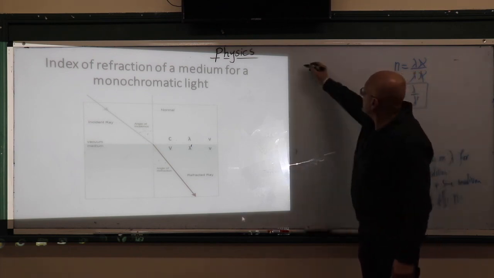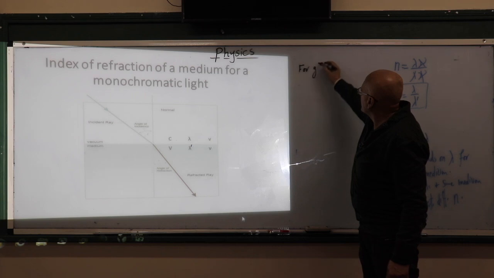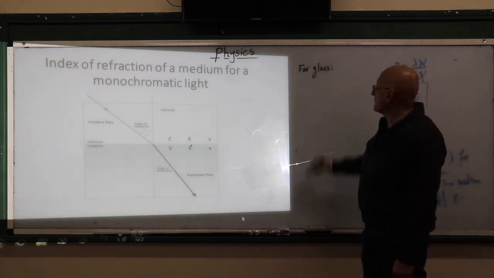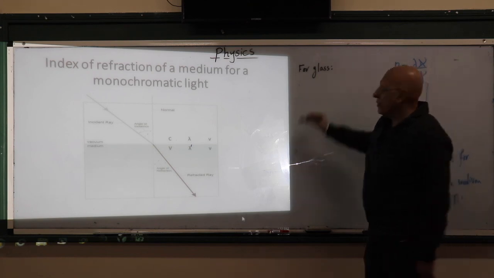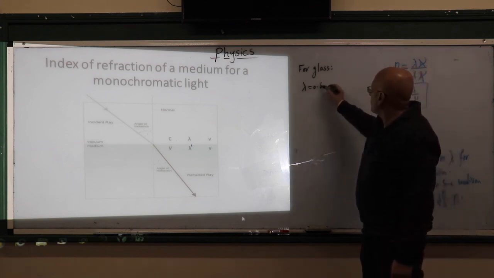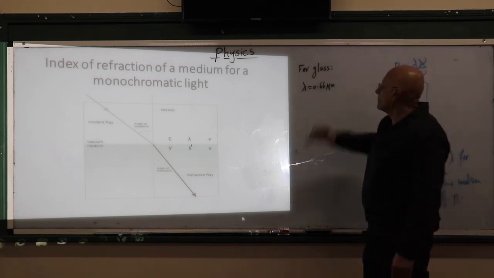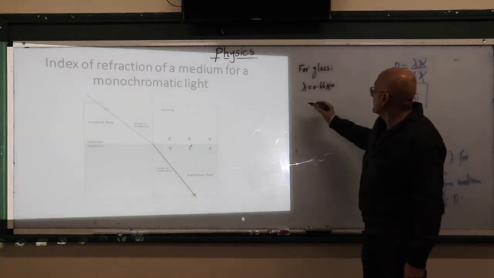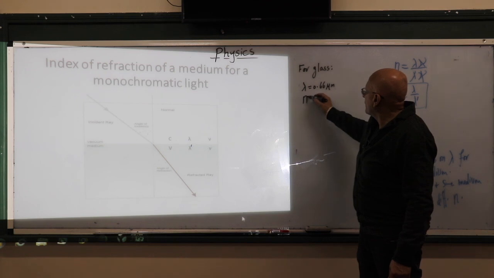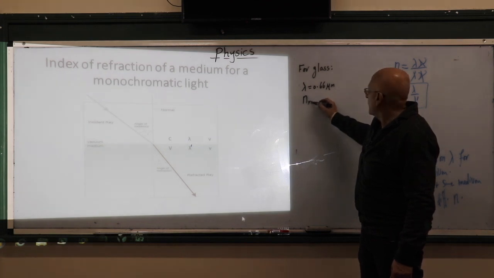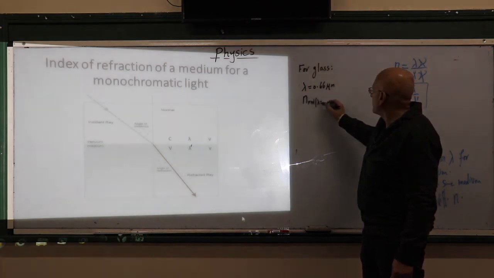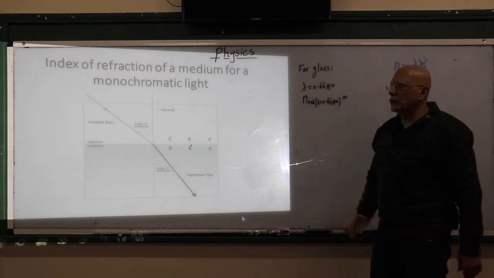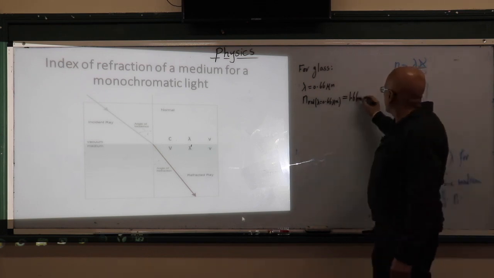For example, for a glass, if you have a monochromatic red light of lambda equals 0.66 micrometer that passes from vacuum to glass, the index of refraction is equal to 1.662.